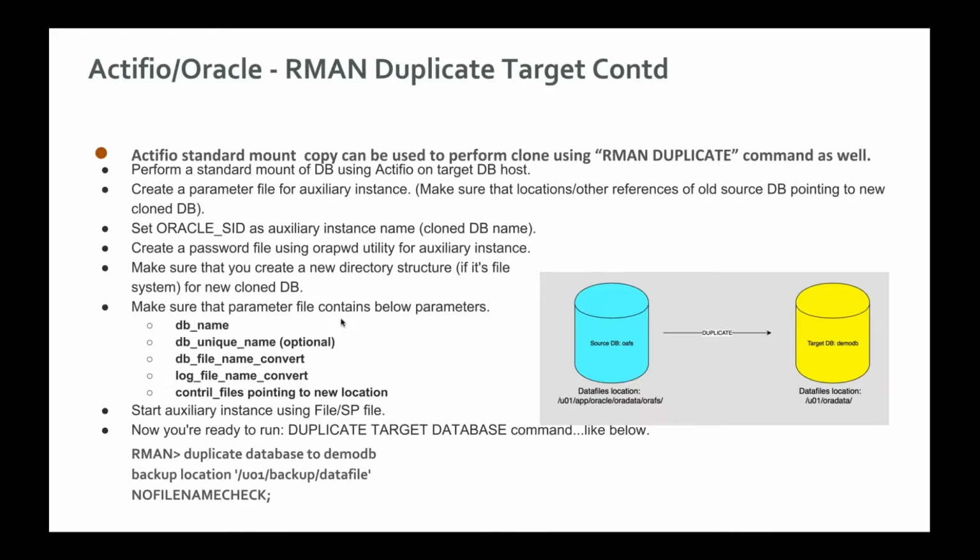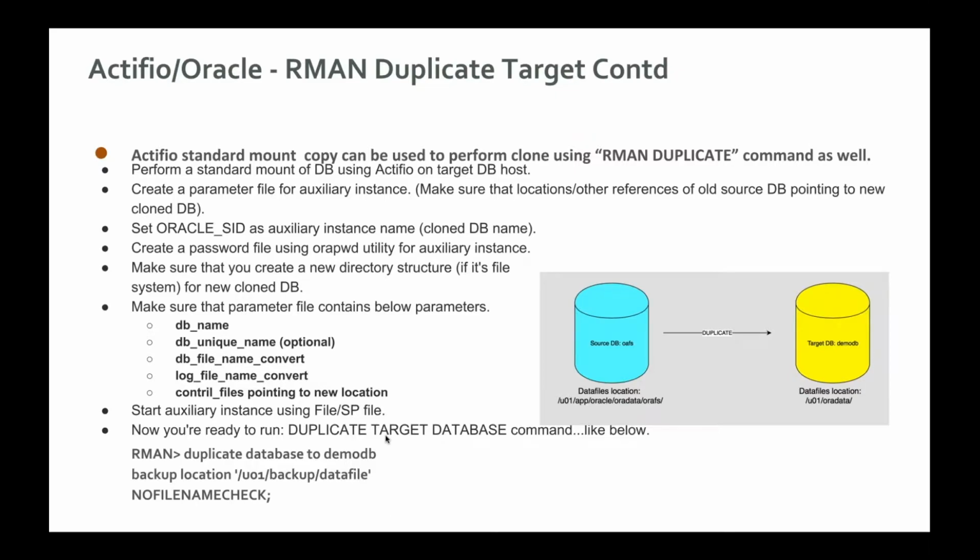Make sure you maintain the traditional settings, like a couple of parameters: DB_NAME, DB_UNIQUE_NAME, DB_FILE_NAME_CONVERT, and LOG_FILE_NAME_CONVERT. These two convert parameters you have to maintain as per your local destination storage. Then you connect to RMAN and run the duplicate database command using your backup location, presuming your backup location is the ActiveView standard mount backup location.